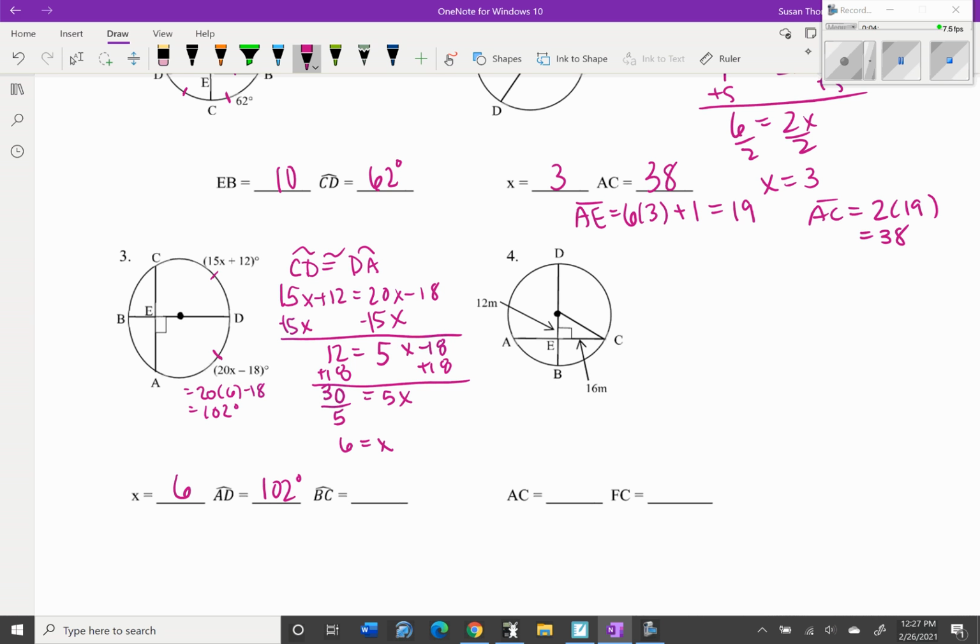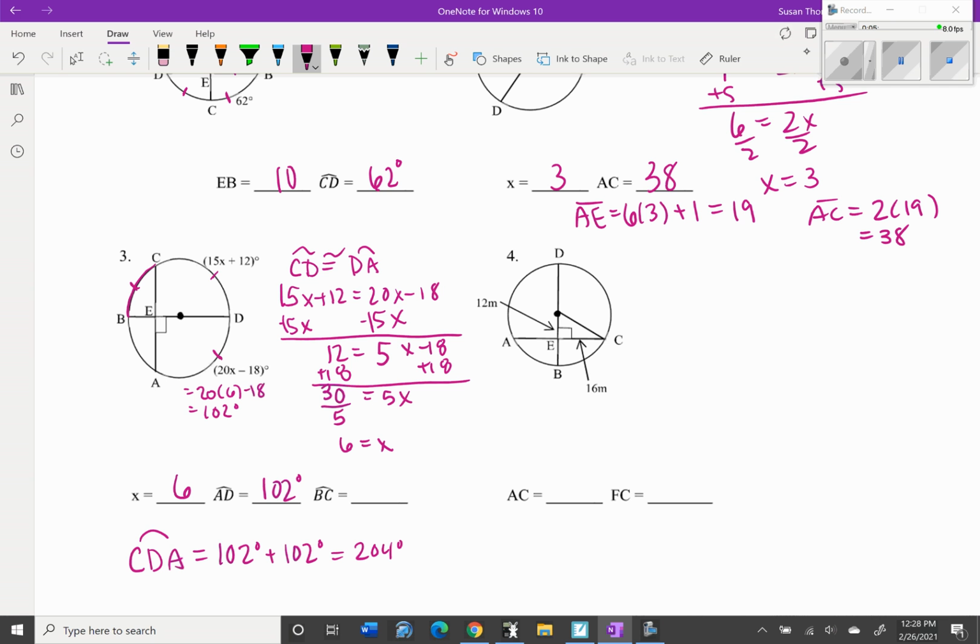And BC is the other arc length that we want, which is over here. So we know that CD and AD are congruent, and so we can figure out what arc CDA, the entire arc, is equal to, because that would be AD, which is 102 degrees, plus DC, which is 102 degrees. So that gives us 204 degrees.